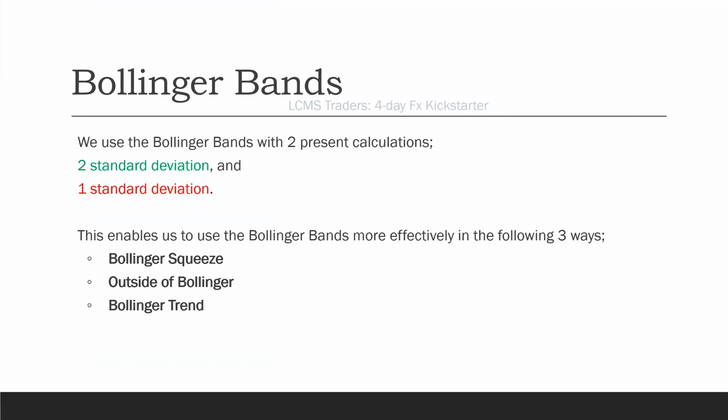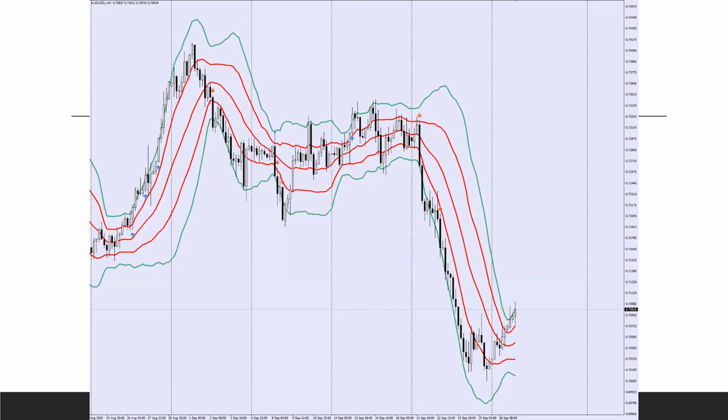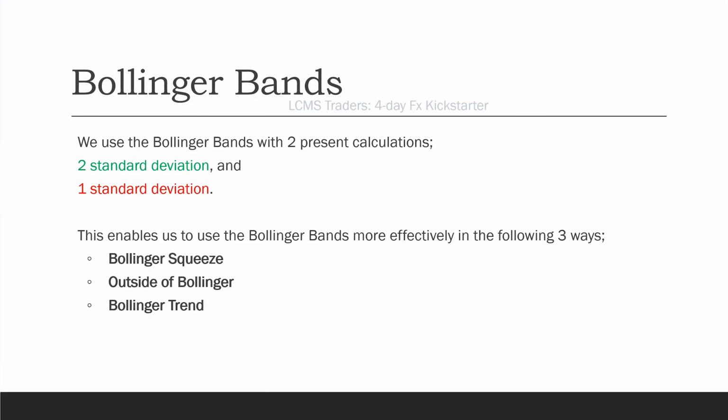So with Bollinger Bands, what I've actually done, the normal Bollinger Bands come only in the 2 standard deviation, which is the green lines. Those are the 2 standard deviation Bollinger Bands. What I've also provided you with is the 1 standard deviation Bollinger Band, which is the red lines.